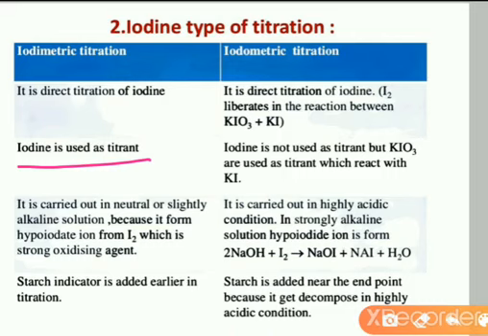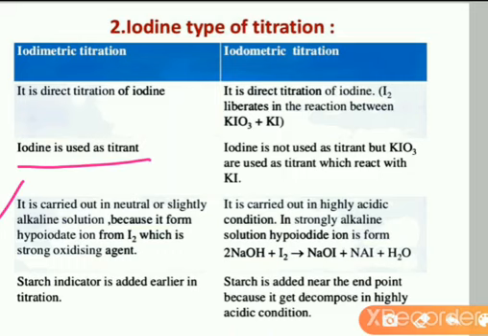Iodimetric titration is carried out in neutral or slightly alkaline solution, because in strongly alkaline solution hypoiodate ion is formed from iodine, which is a strong oxidizing agent. But iodometric titration is carried out in highly acidic condition.